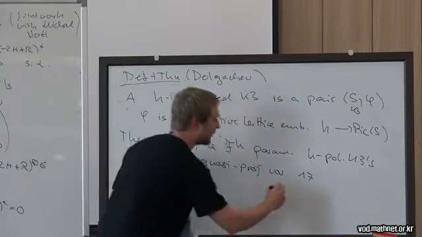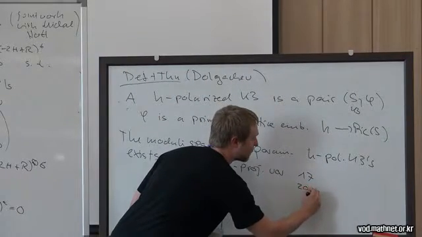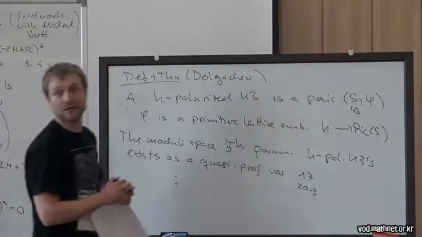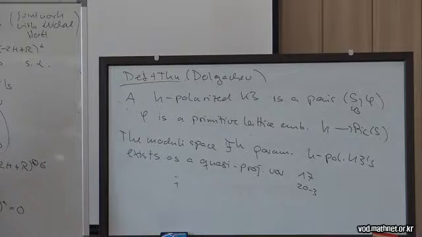So this number has to be read as 20 minus 3. It's always 20 minus the rank of the lattice we are considering at this moment.